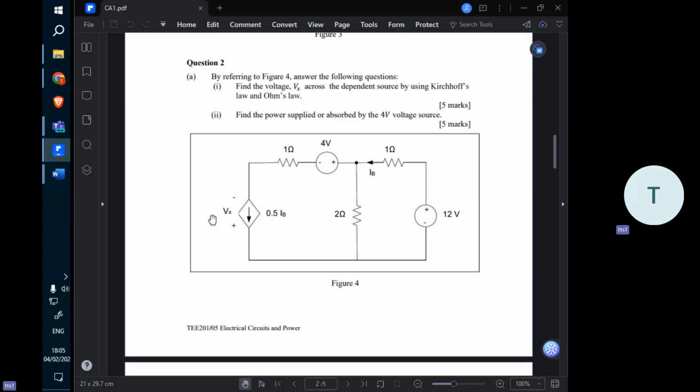The current IB is not given, only the source values and the component values. So it looks like you need to determine IB. After that, in part 2, you need to calculate the power absorbed or supplied by the 4 volt.